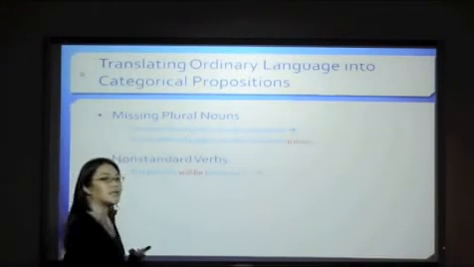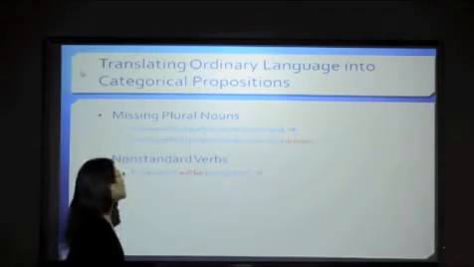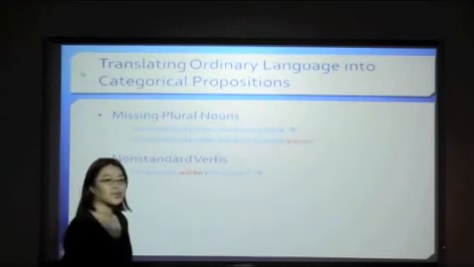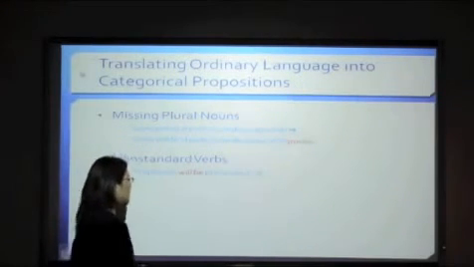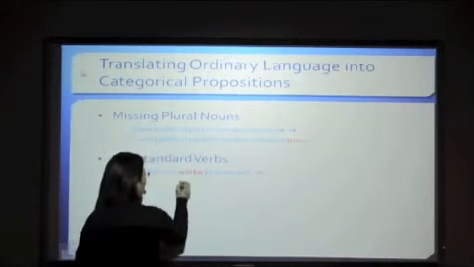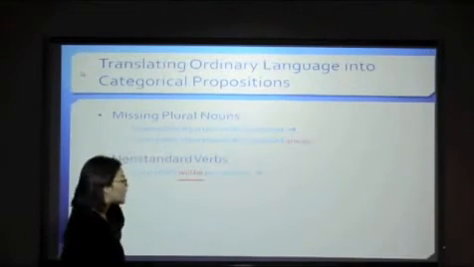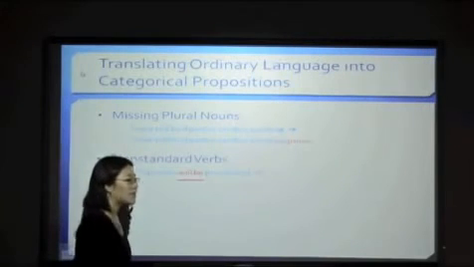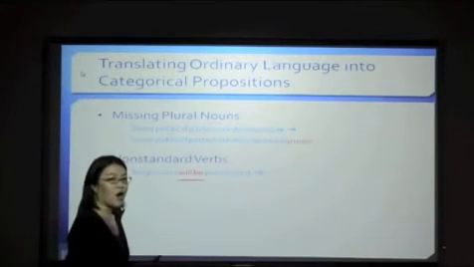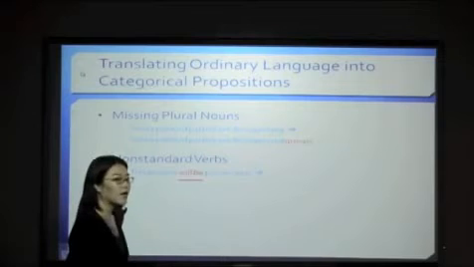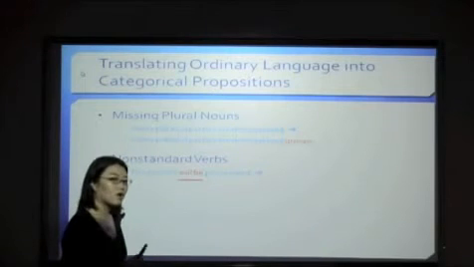Another problem that we might have is when you have non-standard verbs. So here is a statement in ordinary language: trespassers will be prosecuted. Notice how in this statement you have will be as the verb. And for a standard form categorical statement, the verb has to be are or are not, okay? It always has to be are or are not.